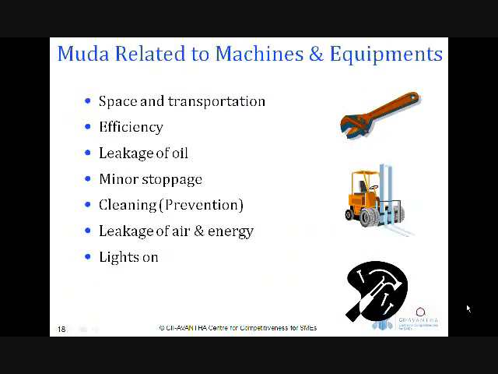Now if you see Muda related to machine and equipment, it can be due to space and transportation, equipment, efficiency of machine. You can find Kaizen to avoid leakage of oil, coolant, lubricants. You can generate ideas to eliminate minor stoppages.